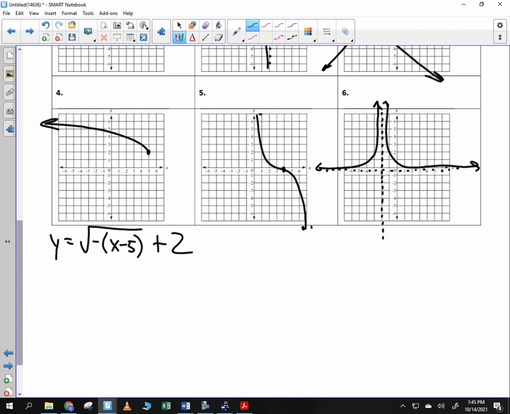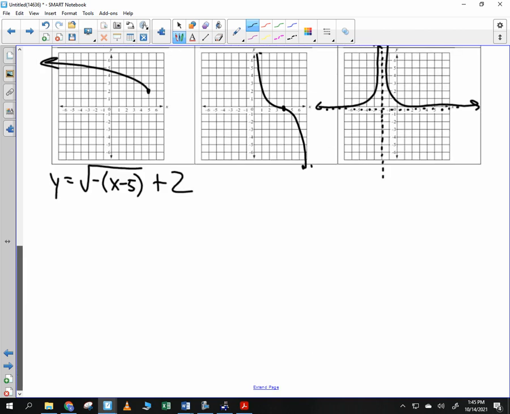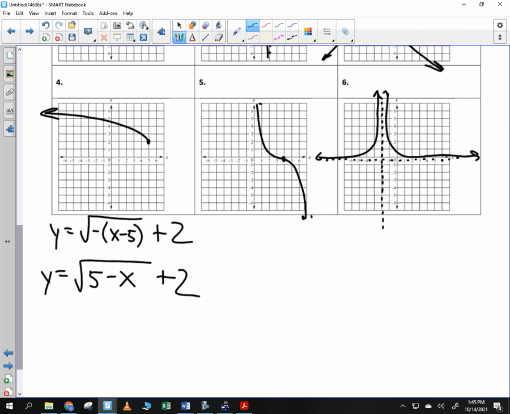So to be clear, this is one way that you could express your answer. But the other way you could express this, and the way you would more commonly see it, would be y is equal to the square root of. Notice how the 5 will be positive and the x will be negative. These are the two ways that you could express that one. Notice how the x is negative, and that creates the reflection to the left.